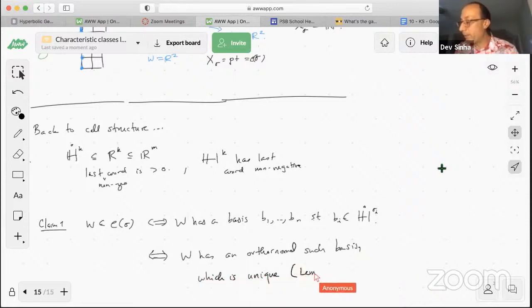That's lemma 6.2 in Milner and Stasheff. So how does this go? Let's take the top cell. By the way, we didn't look at that one as far as looking at X sigma. I left that to you.